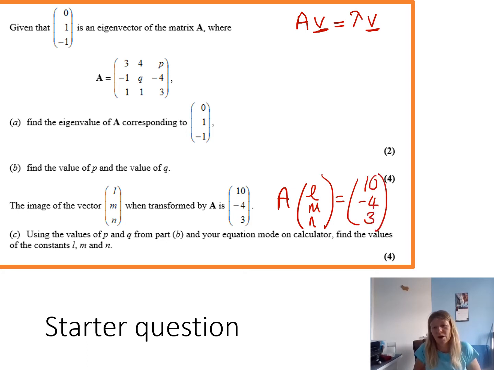And you'll get 3 equations, 3 unknowns. Your calculator's good at that, so don't waste your time. Let your calculator have a play and see how you go. Right, let's pause the video then and have a go at those questions for me, please.